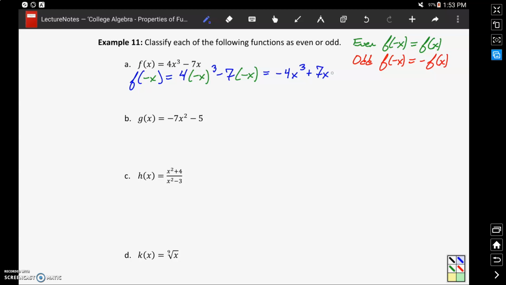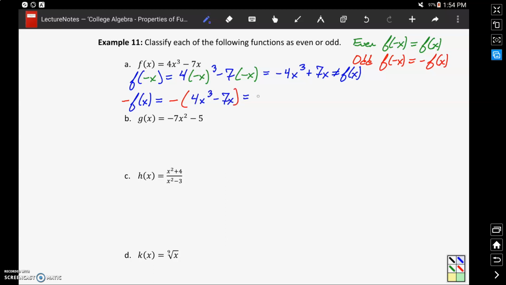So what we've come up with here is not exactly equal to the function that we started off with. So we know that it's not an even function. To check if it's odd, we need to evaluate the opposite of our original function, so negative f of x, which would be the opposite of 4x cubed minus 7x.